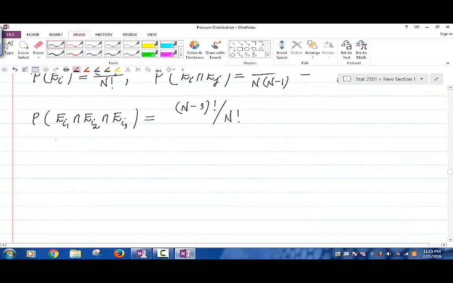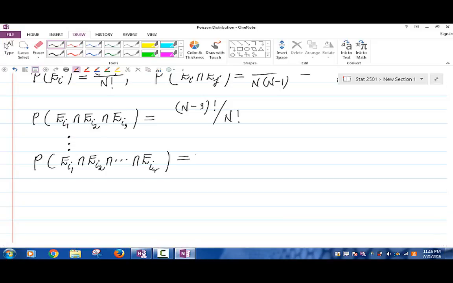Now you see the pattern here. So if I want to find the probability of E_i1 intersected with E_i2 intersected with E_ir, that means r of the men keep their hats.